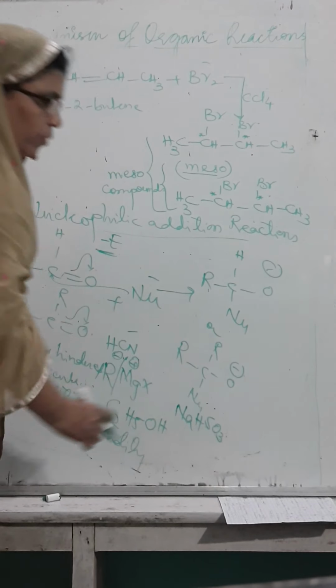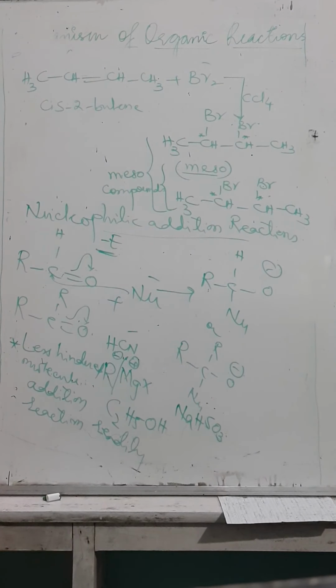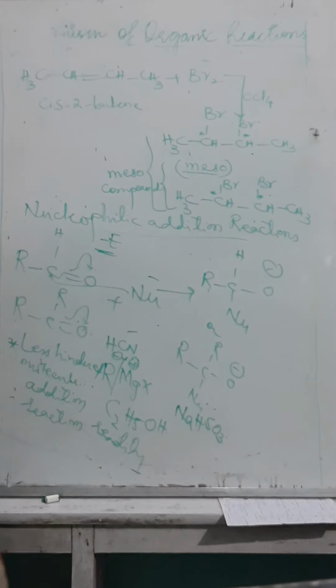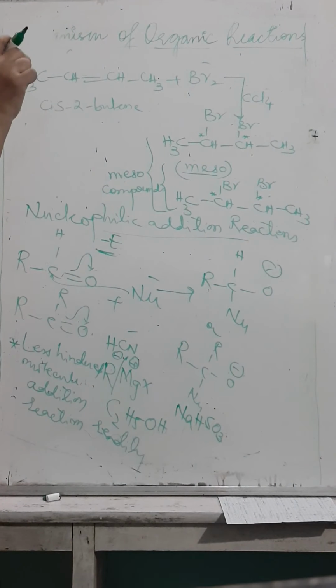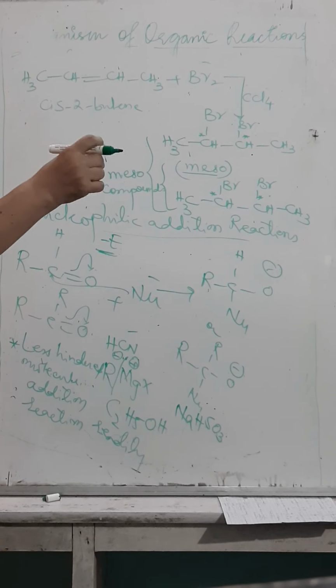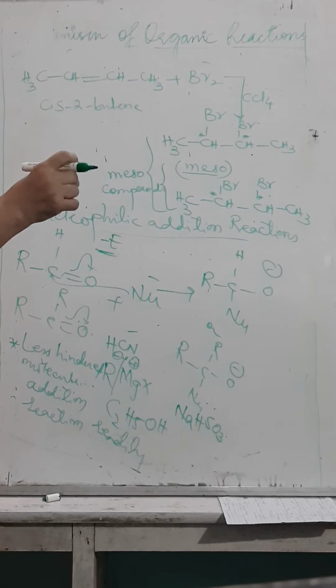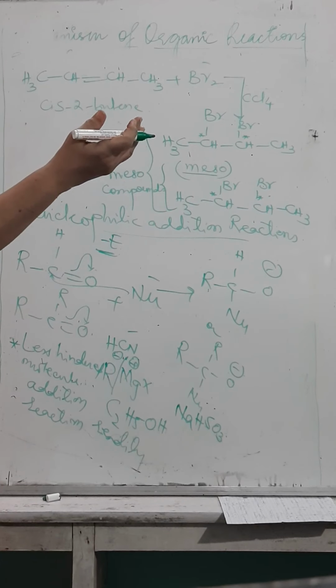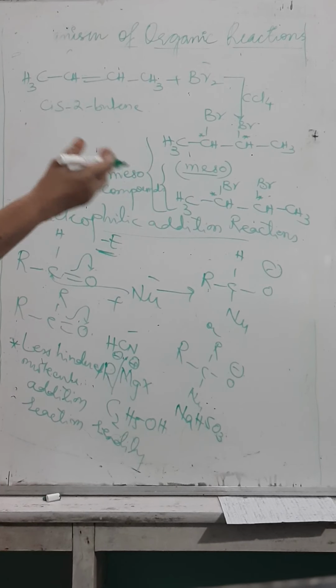Bisulfite will produce a white precipitate of the respective bisulfite addition product. All these produce addition products, but the less hindered the molecule, the more easily and readily the nucleophile attacks.